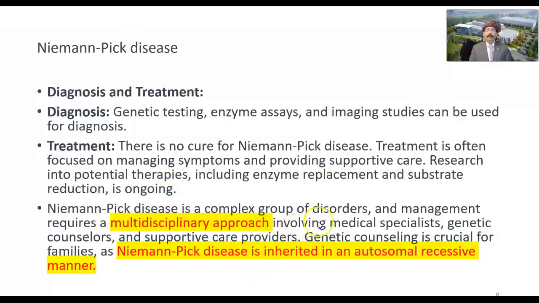Niemann-Pick disease is a complex group of disorders, and management requires a multidisciplinary approach involving medical specialists, genetic counselors, and supportive care providers. Genetic counseling is crucial for families as Niemann-Pick disease is inherited in an autosomal recessive manner.